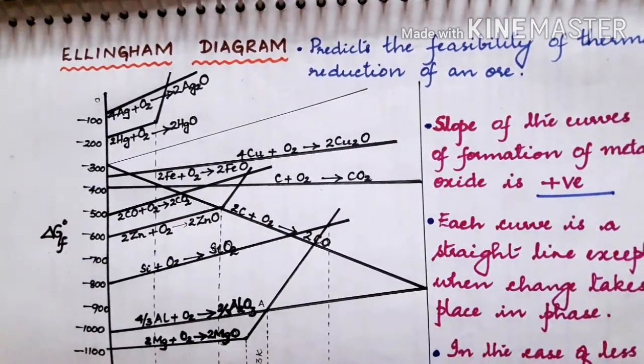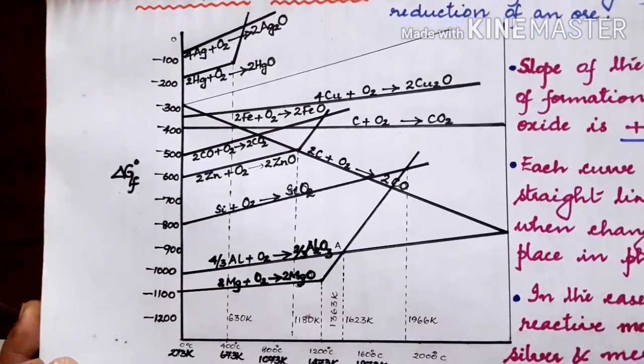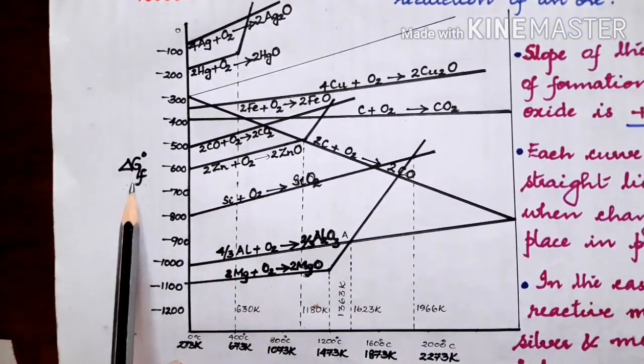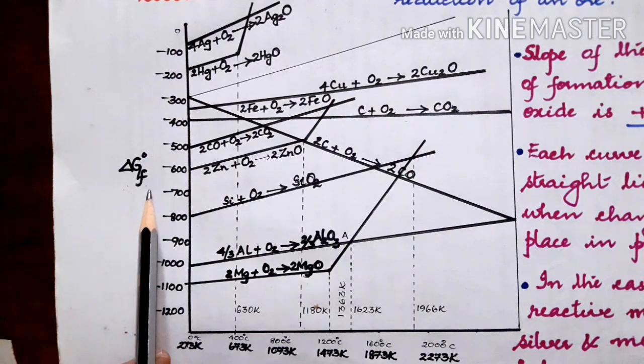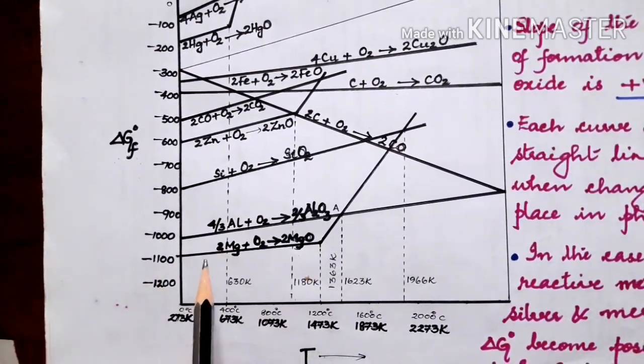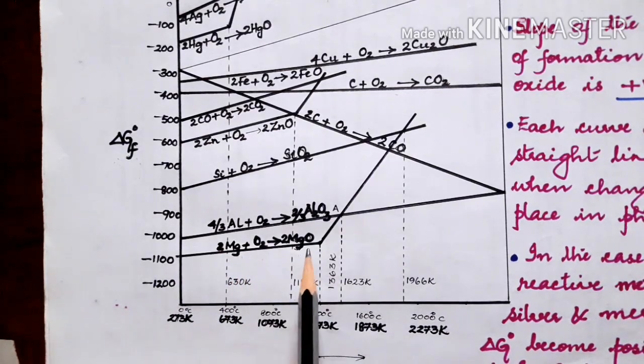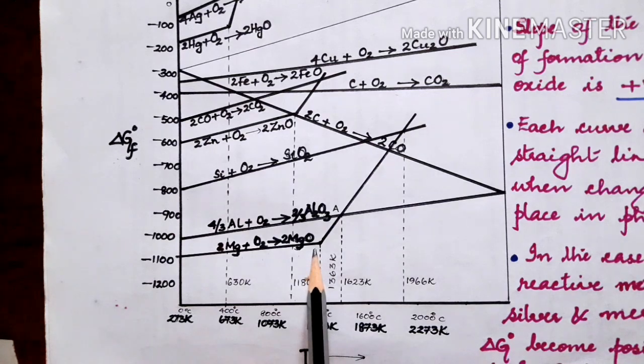Now, what is this Ellingham's diagram? It is a plot of delta G0 of formation against temperature. That means each and every element is reacting with oxygen to form the corresponding oxides.